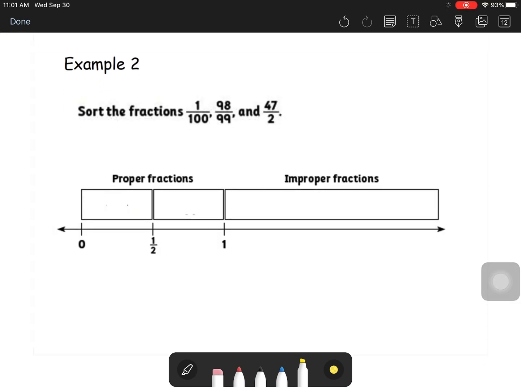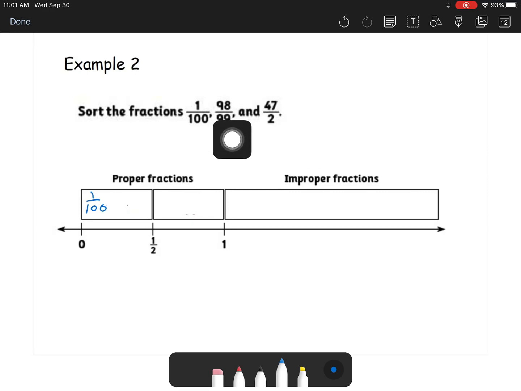So this is just an example here. So 1 over 100. When we compare 1 to 100, 1 is much closer to 0 than it is to 100. That means that it's definitely over in this box. It's not more than 1/2. That's definitely closer to 0. Now, 98 over 99.